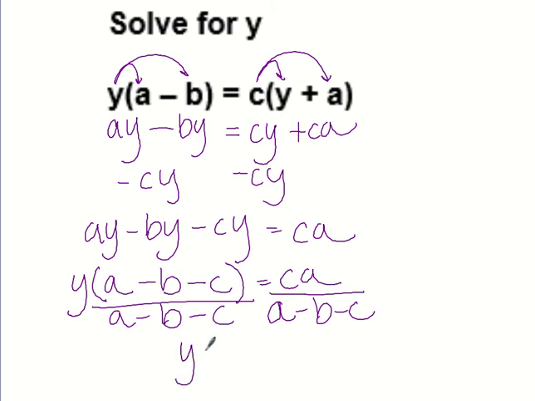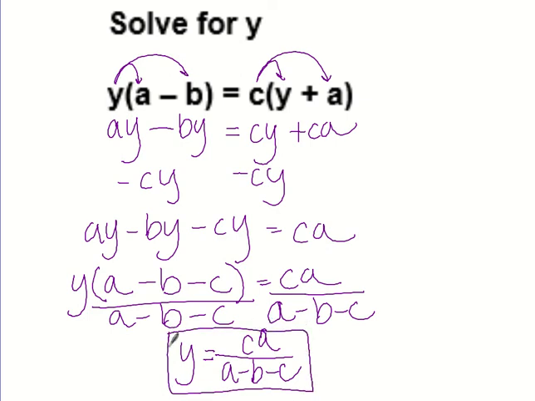And so we get y equals ca divided by a minus b minus c. And there we go, we're done. Because nothing can be combined, nothing can be reduced, and now y is by itself.